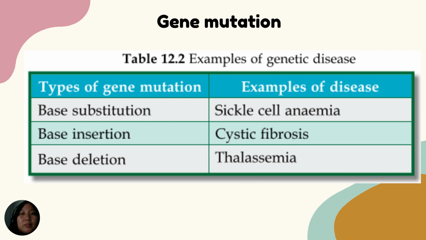It can easily be destroyed, so it cannot stay for a longer time in our bodies. It will be destroyed, and it happens so fast. That is why people with thalassemia need to receive a blood donation, so they need to replace their red blood cells. All right, so that is a gene mutation.